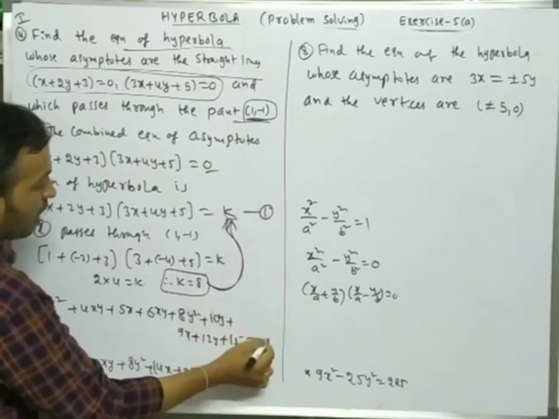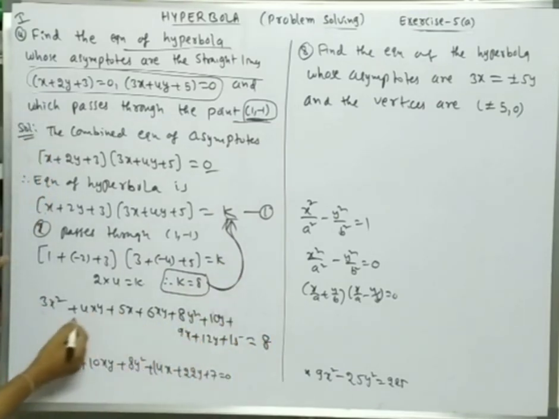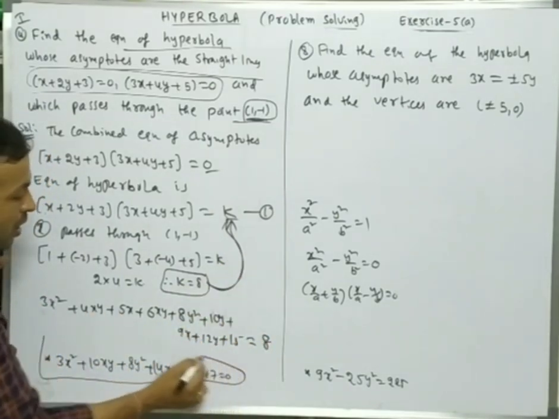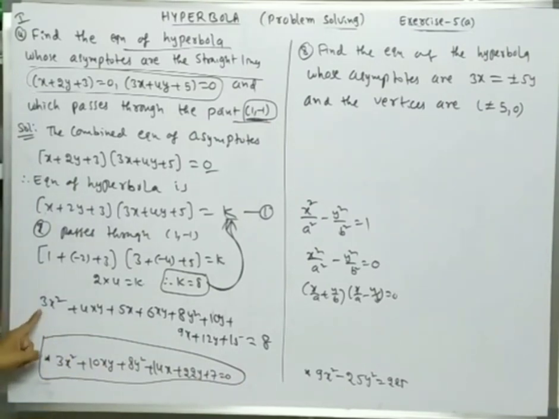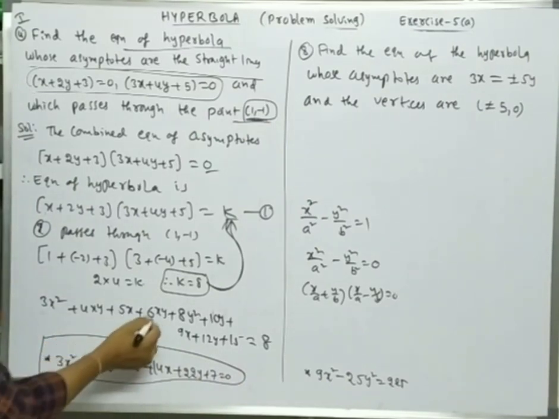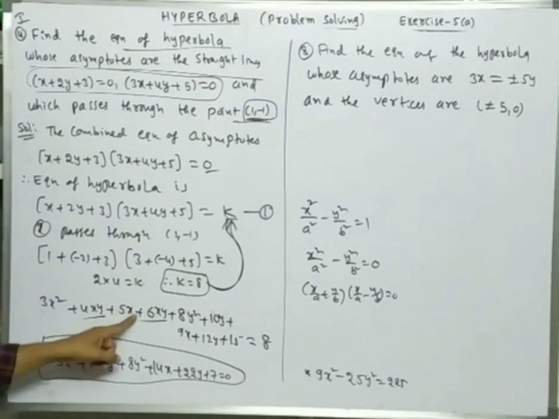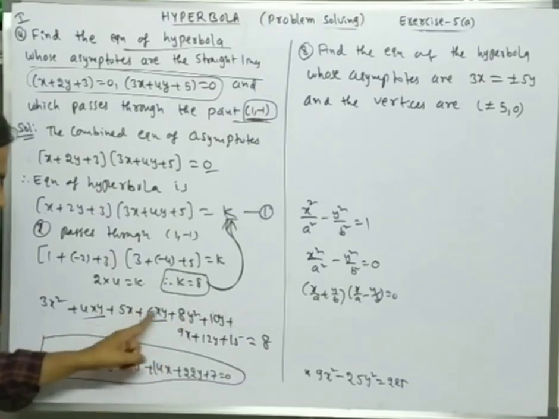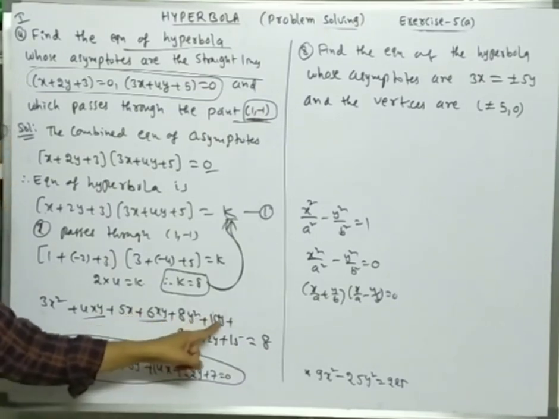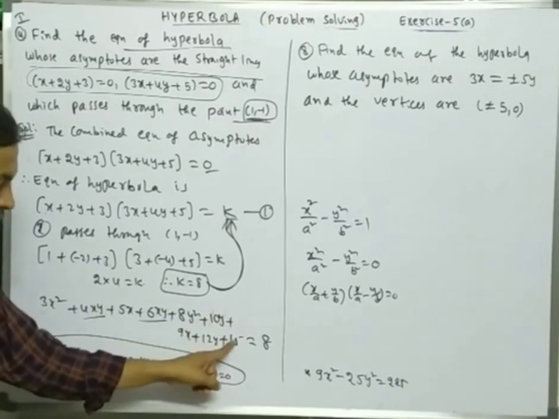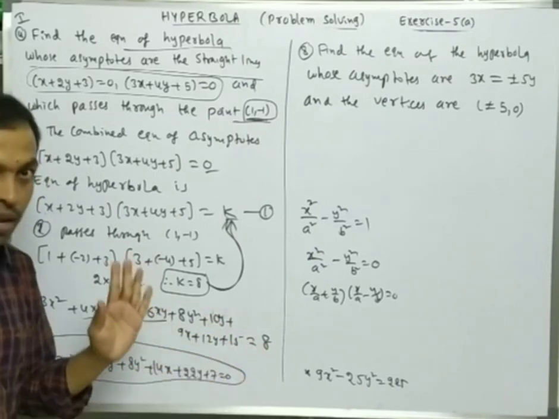What is the value of k? 8. So rearrange all these terms and finally you will get the equation of the hyperbola: 3x squared, 4xy plus 6xy is 10xy, 8y squared, 5x plus 9x is 14x, 10y plus 12y is 22y, 15 minus 8 is 7. This is the required hyperbola, right?